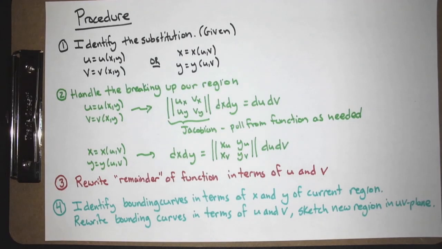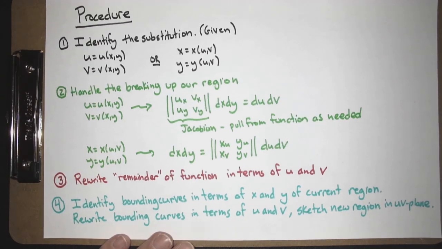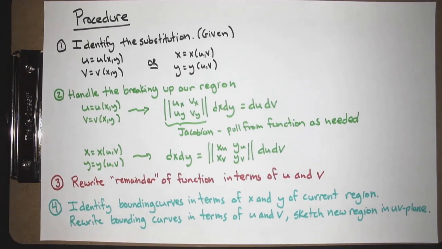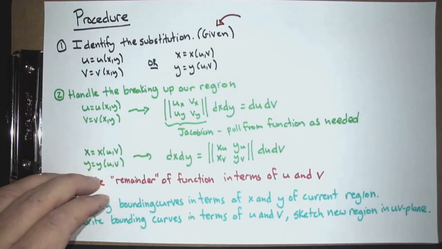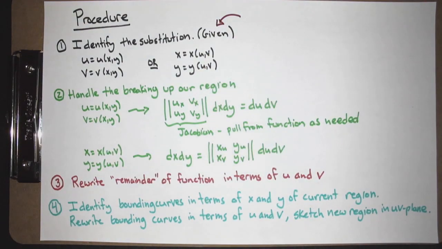Step 1, identify the substitution. 99% of the time it's given, because we're nice people. If it's not given, and I looked ahead at the quiz next week, there was one problem where they said, we're not going to give it to you. But if it's not given, there's sort of a clue. Channel your inner Calc 1 and say, if it's not given, what do I start looking for? When you did substitution before, what were you looking for?